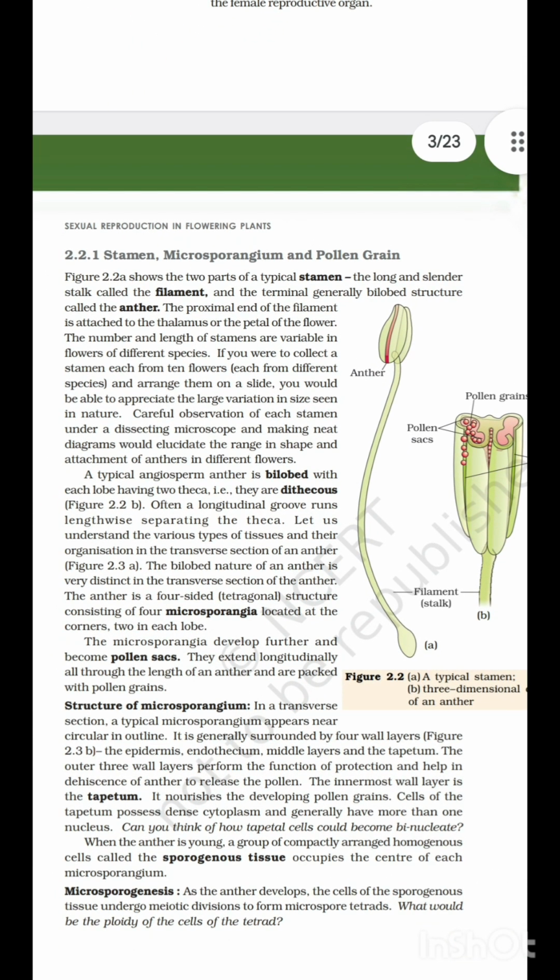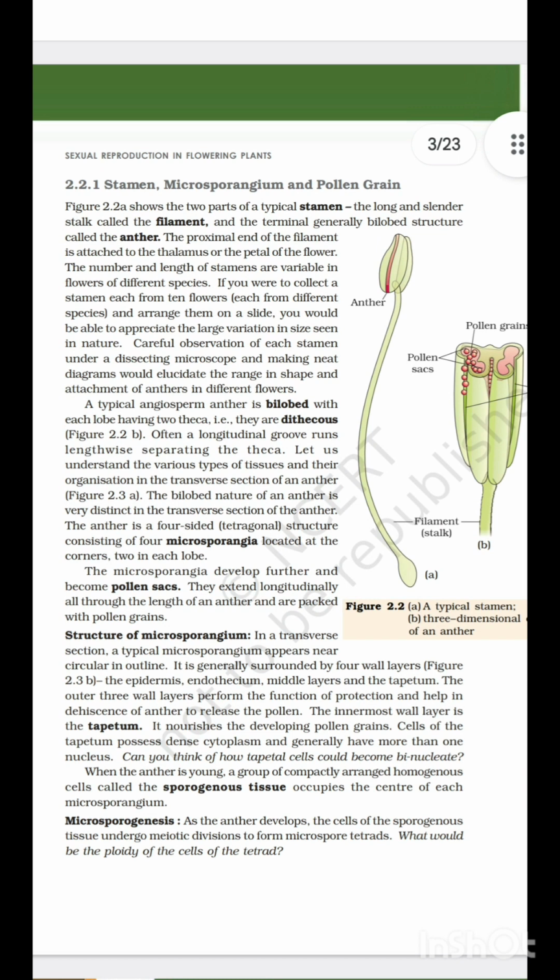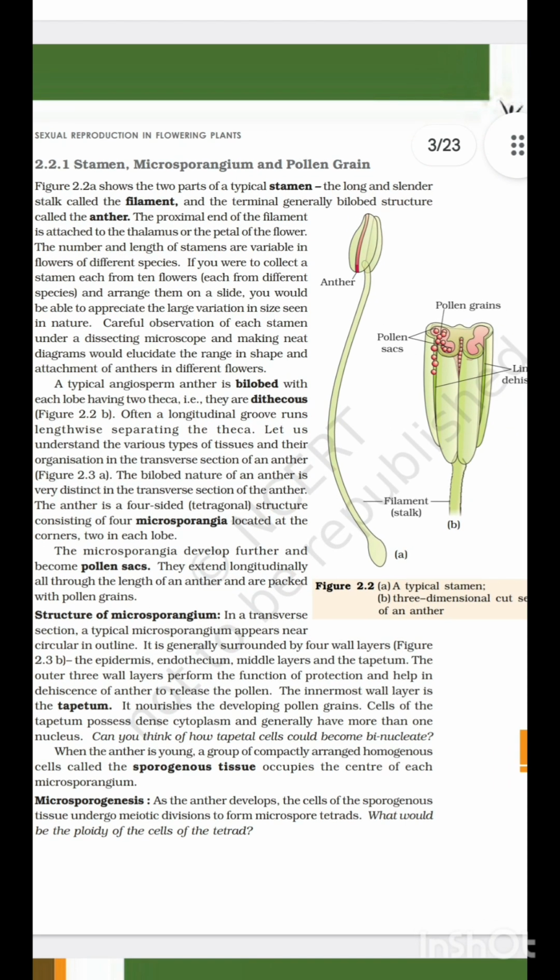First of all, the stamen, microsporangium and pollen grain. Figure 2.2 shows the two parts of a typical stamen. Stamen means the individual unit of the androecium, which is the male reproductive part of a flower.